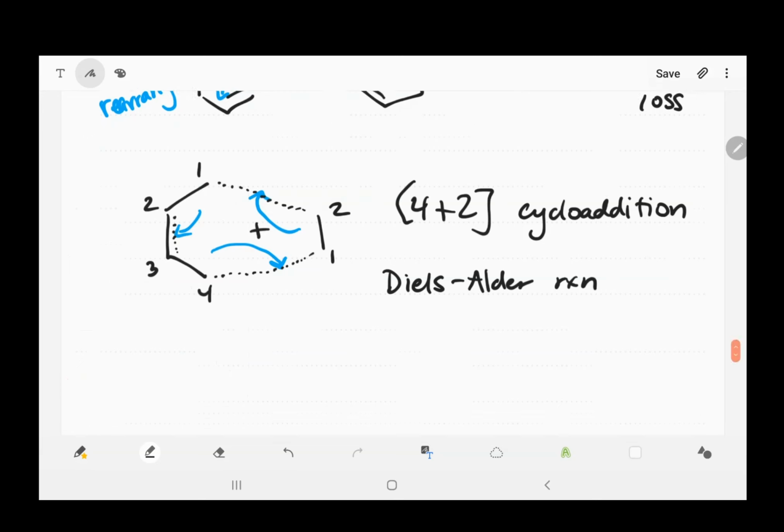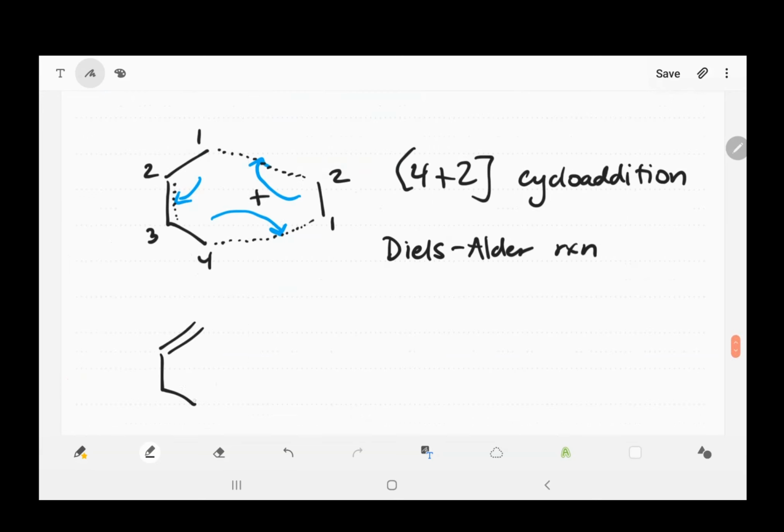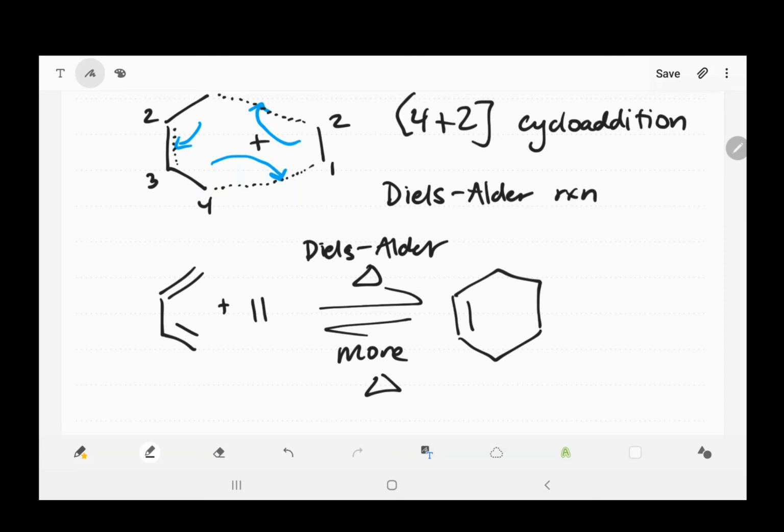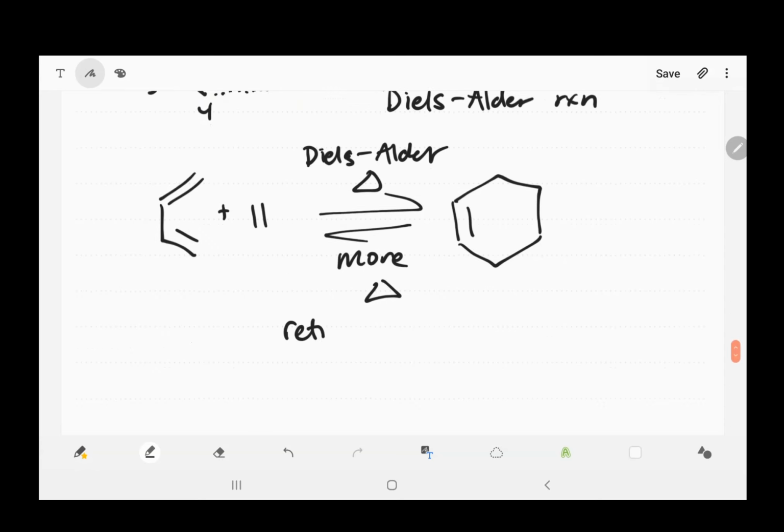One thing to note though, if you take your reactants, put them together, you can get your product, your 6-membered ring with the double bond. With some heat, you can get this to happen. However, if you put on more heat, you'll end up breaking it back apart. This is called a Diels-Alder, and this is called a retro Diels-Alder.